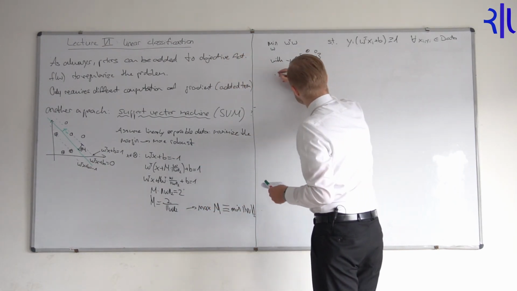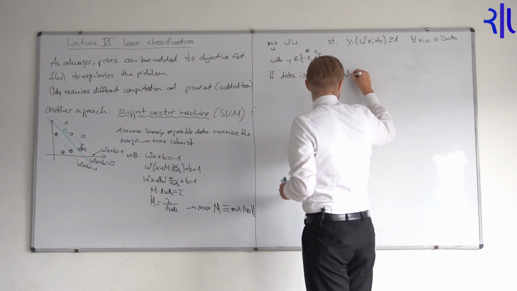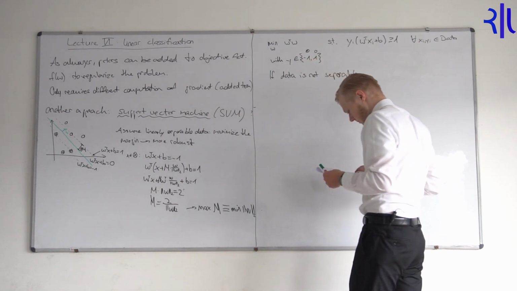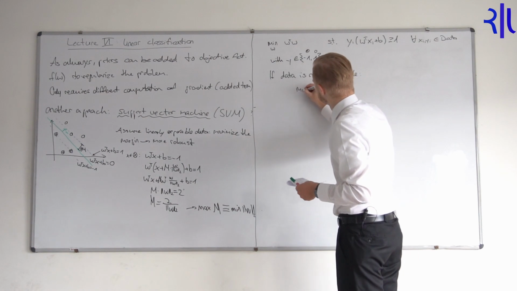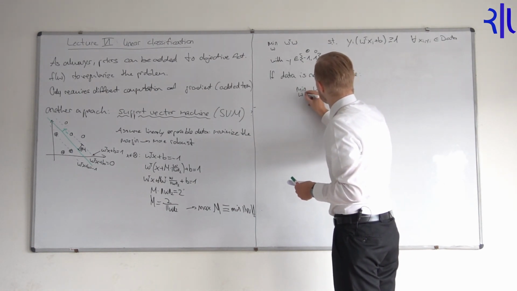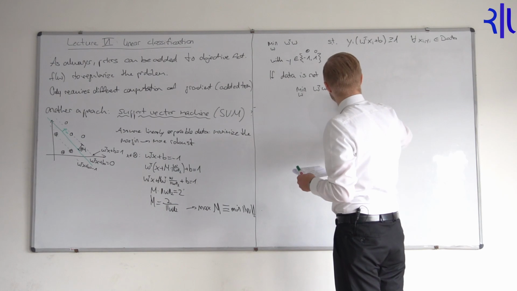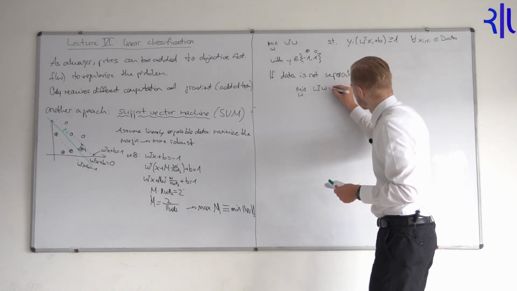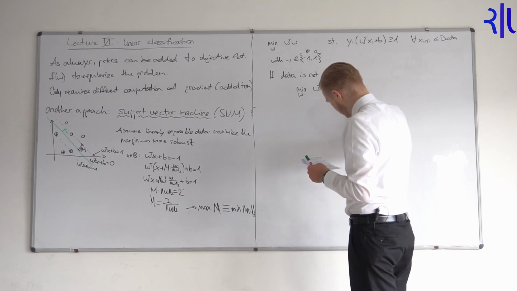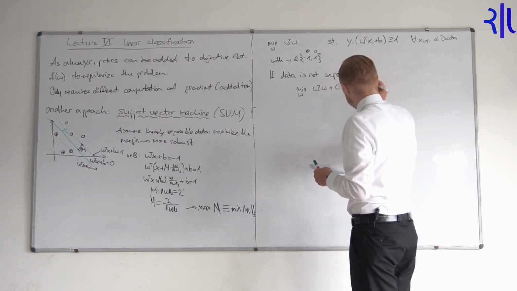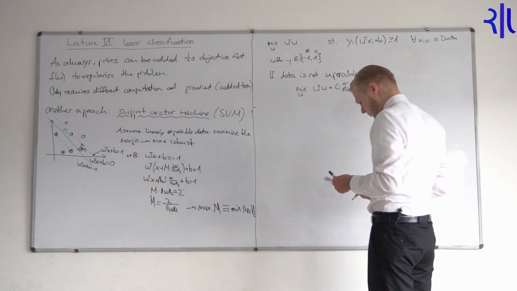And if it is not separable, then what we could do is we change the constraints with so-called slack variables, that we have for each data point.